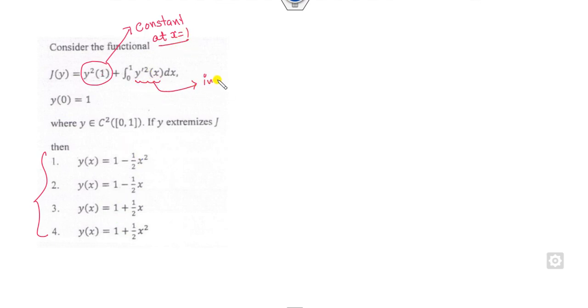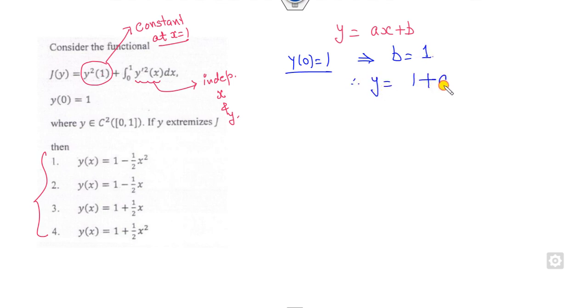Again, we can see this is independent of x and y, so the solution will again be ax plus b. What is the given condition? y of 0 is 1. What is the meaning of that? b is 1. So what is my solution? 1 plus ax. Once it is 1 plus ax, this is a quadratic, this is cancelled out, this is cancelled out. Now out of these two, we can substitute this value as here.